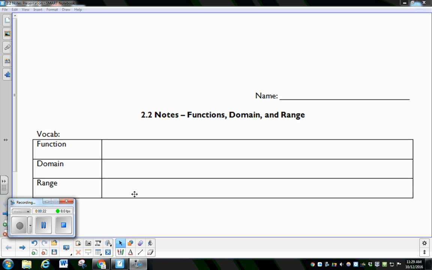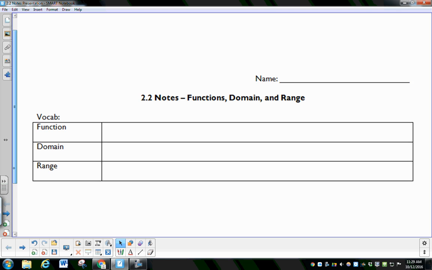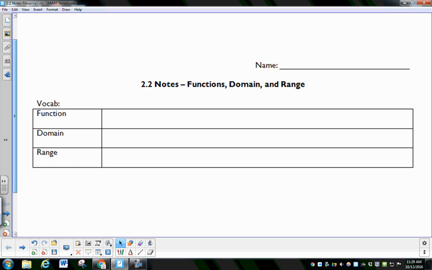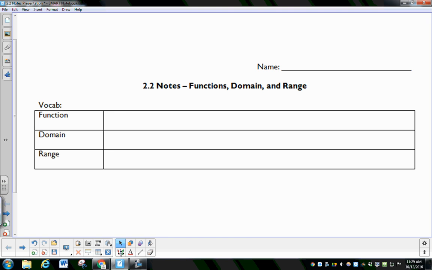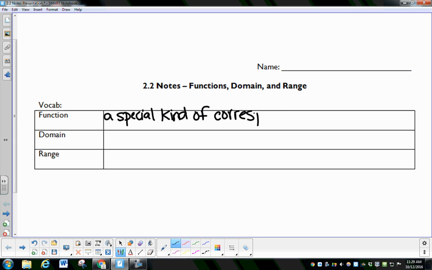So a function is our first vocab word, and a function is a special kind of correspondence between two sets.